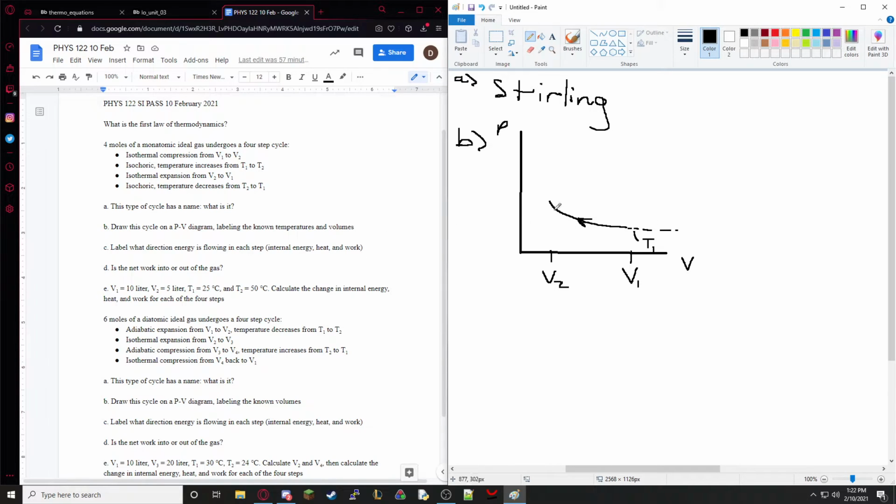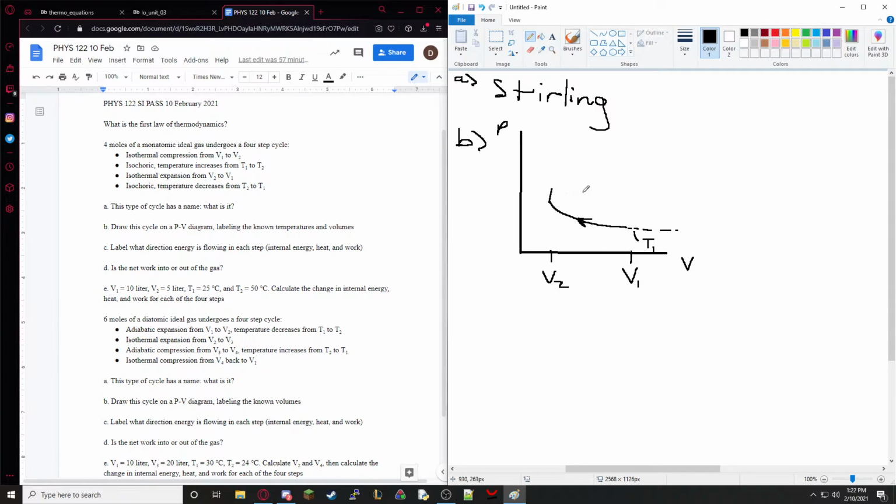For our second step, we have an isochoric process where the temperature increases from T1 to T2. What is that going to look like? It's going to be a vertical line. Yep, are we going up or down? Up, exactly.